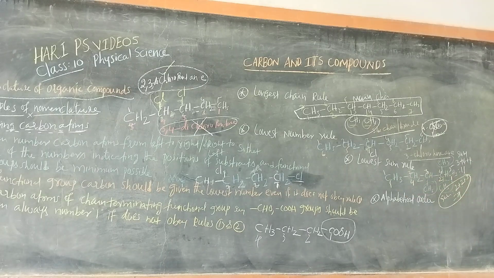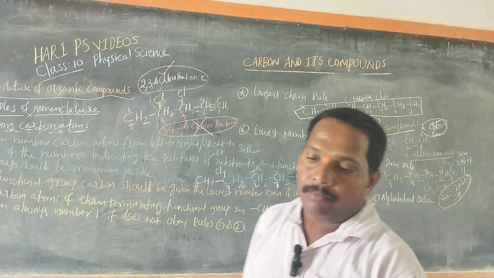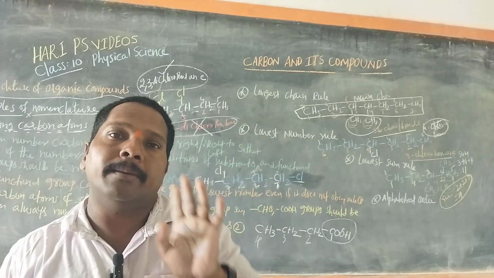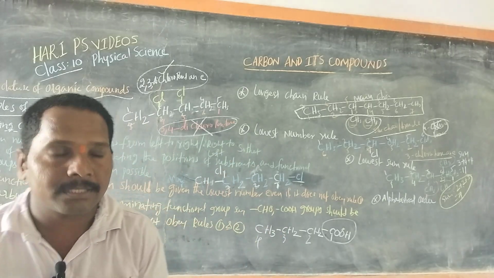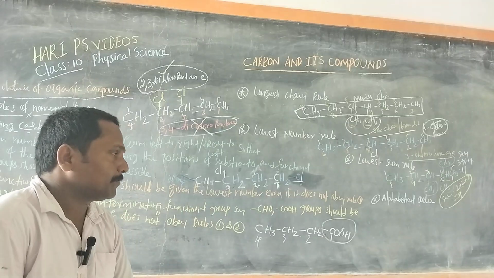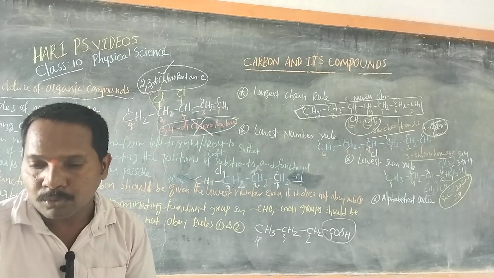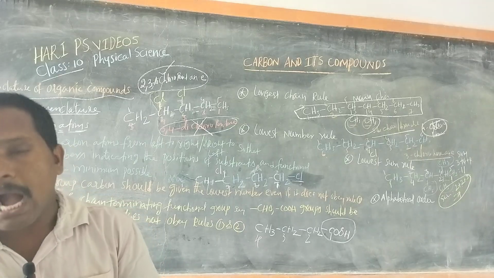So we number from right to left, because the carbon with more substituents gets the lowest number. This is the lowest sum rule.